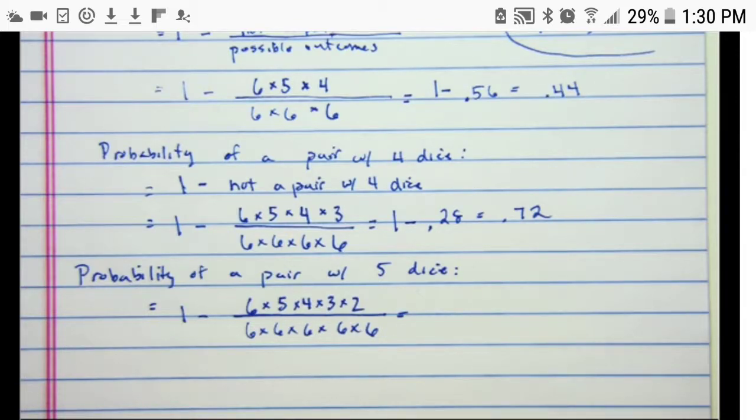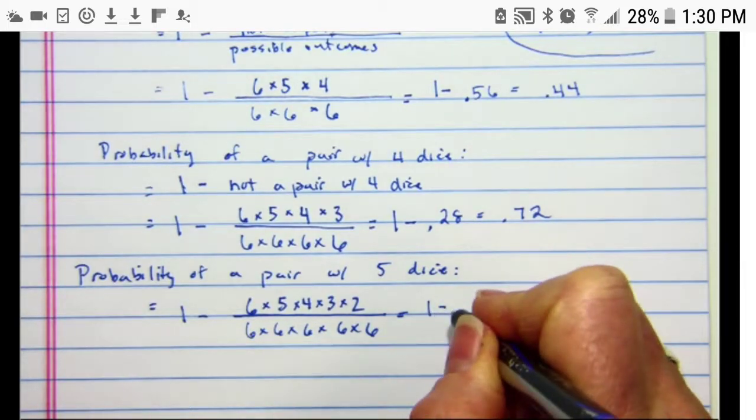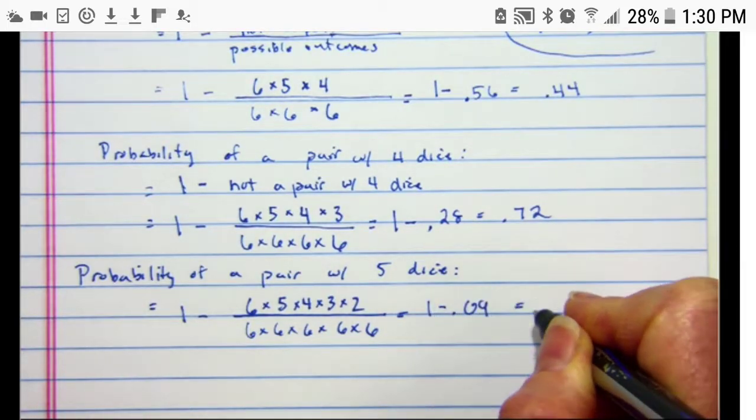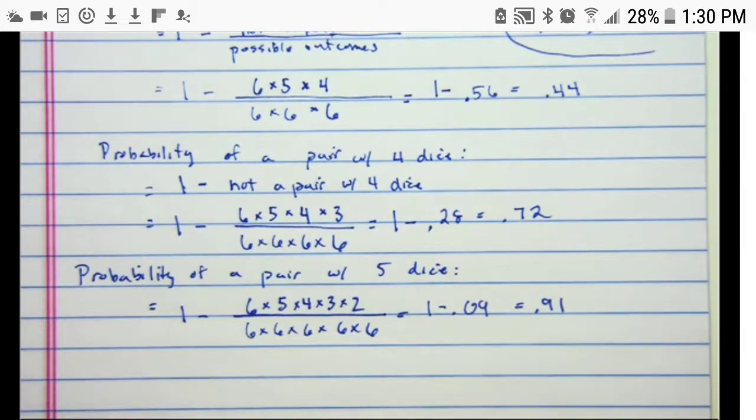And so the numbers just get smaller as we have less options available to avoid a pair. So we'll put that in the calculator and get 1 minus 0.09 or 0.91. So 0.91 or 91% chance of getting a pair when you roll 5 dice.